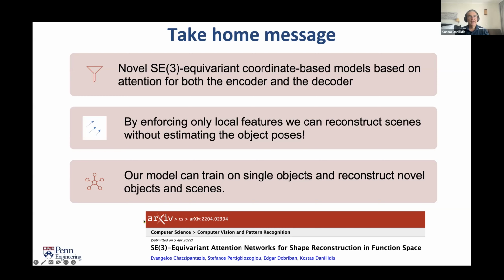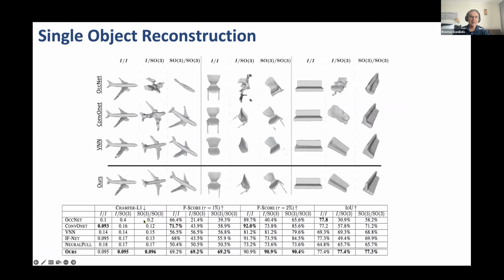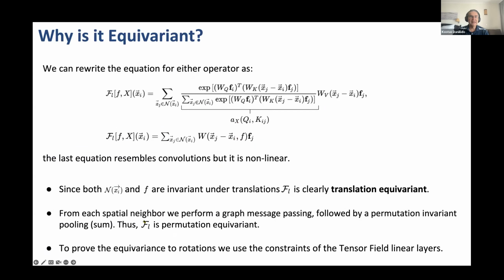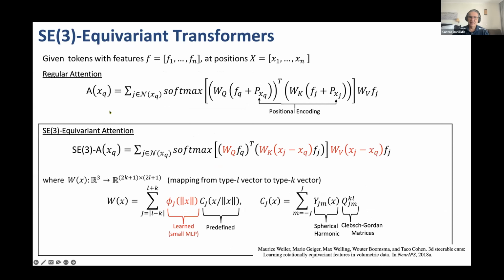in the SO3. While here, the way we construct the matrices involved in attention, we really have a lot of freedom in learning these coefficients of the weighted Clebsch-Gordan matrices.